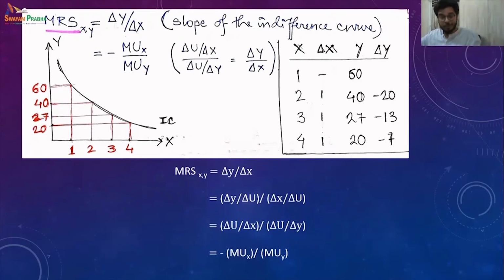And when you have less of one commodity, you will be ready to sacrifice more of the other, because you will try to gain more of the commodity where you have less, and you are ready to sacrifice at a higher rate the commodity where you have plenty. Understand?